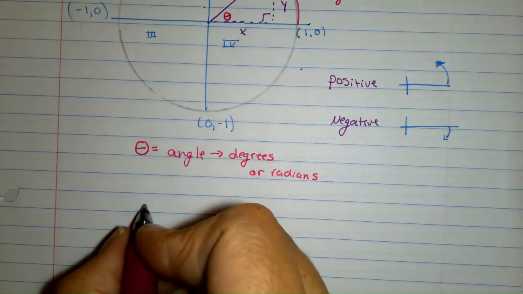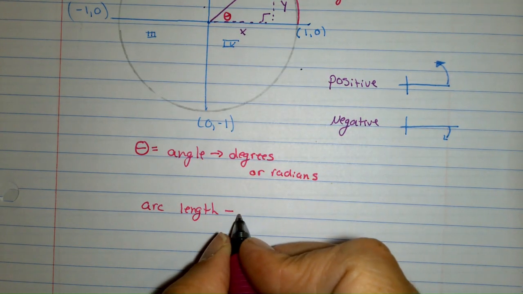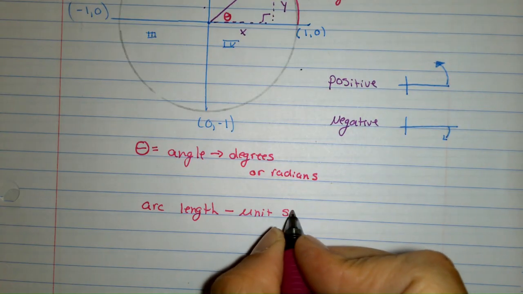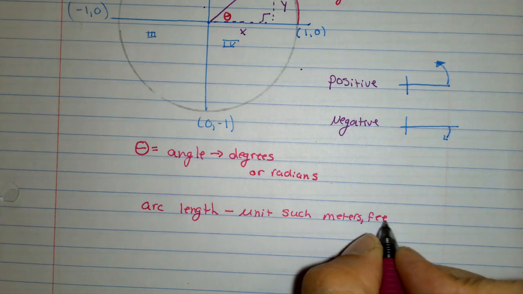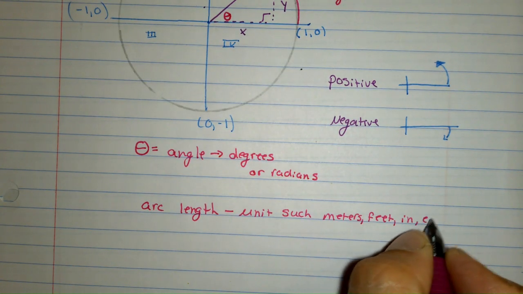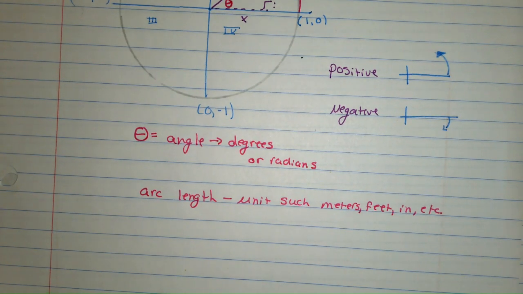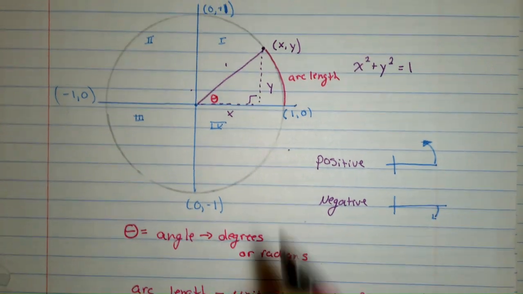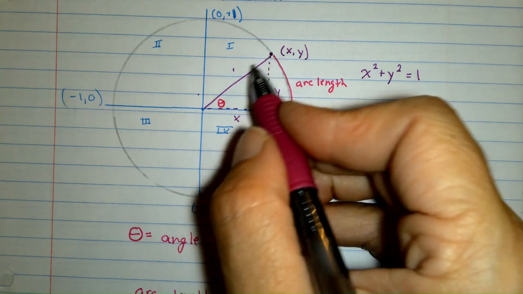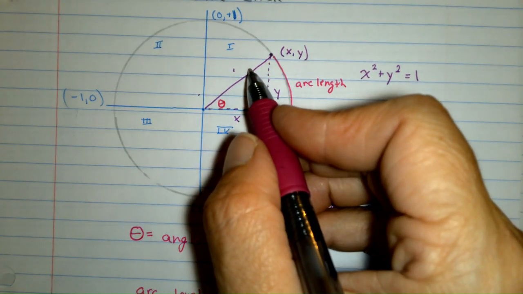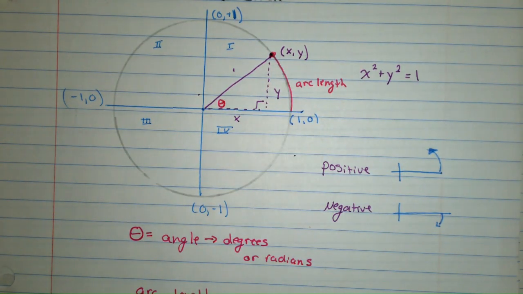If I talk about your arc length, that's measured in units such as meters, feet, inches, etc. So when we talk about this, we're going to have our starting side and our ending side. Our ending side is called the terminating end or terminal side. Or they might just talk about the point and say the terminal point.